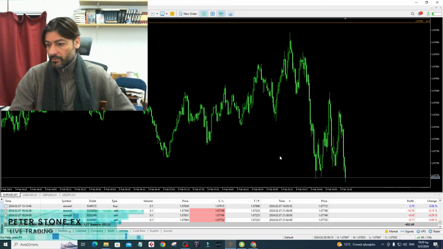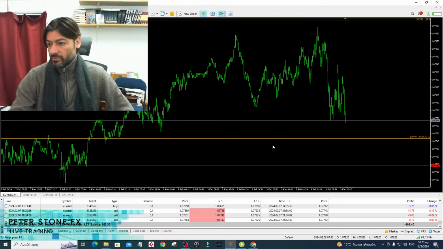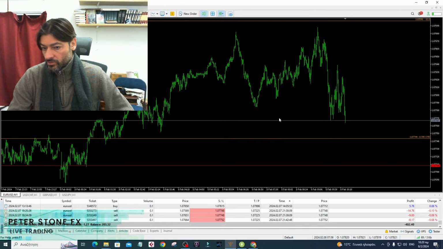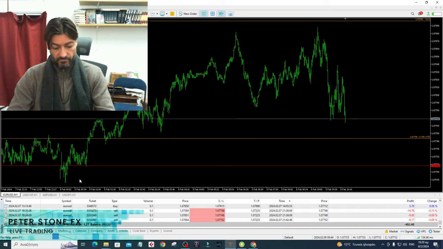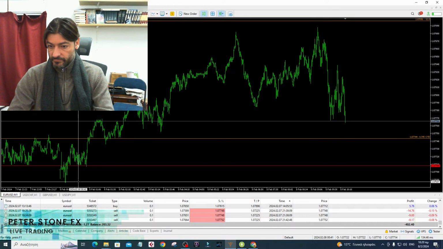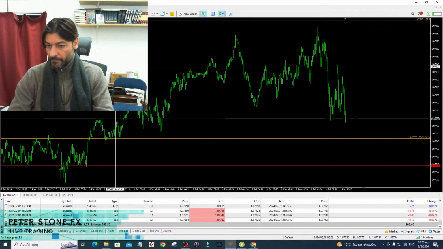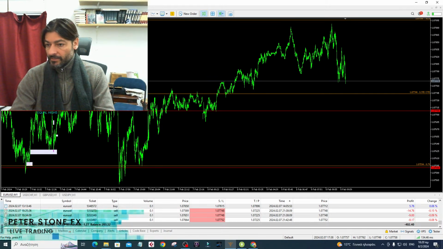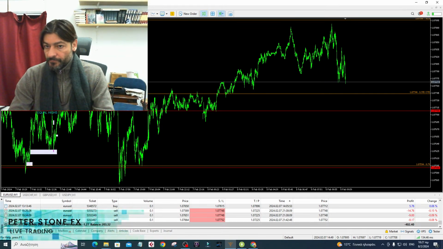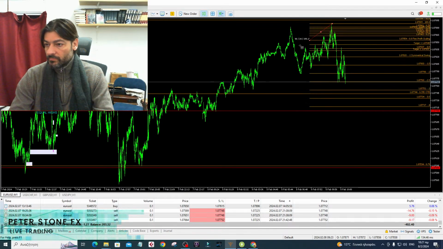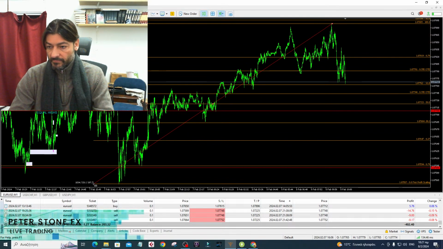Okay, so here we are. It looks like a good 2022 model, and we're going for this target, this sell side liquidity. Let's put Fibonacci here.